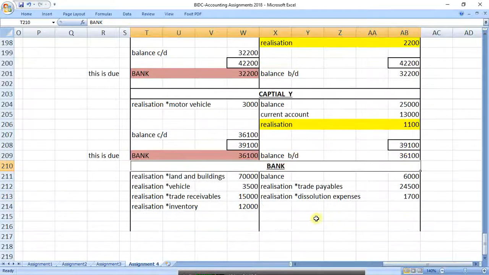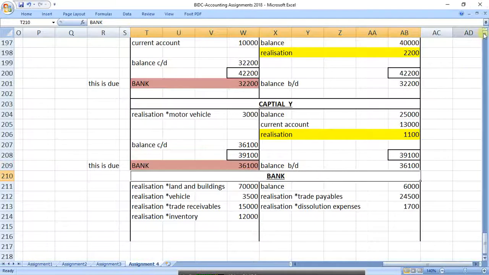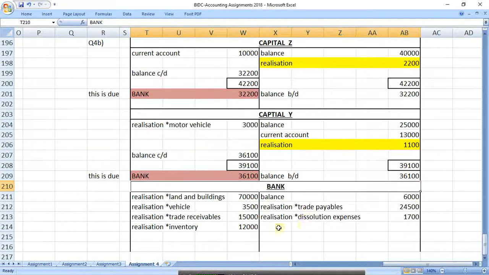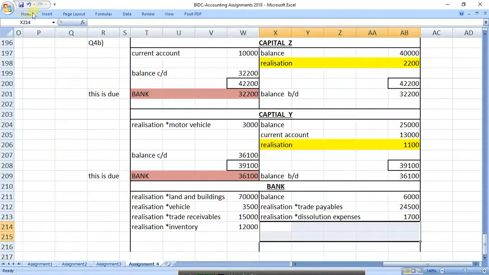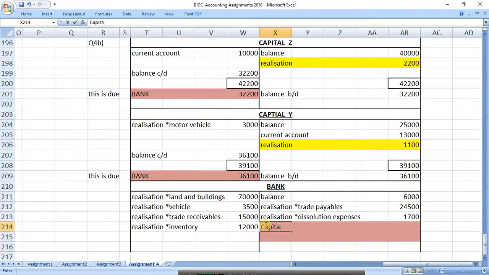Okay, and then obviously I'm going to close off this account completely just to show you everything. So those two figures are going to go here. Those debits need credits. So these are the credits. I'm going to have capital for Z, and I'm going to have capital for Y. Z had this figure, Y had that figure.